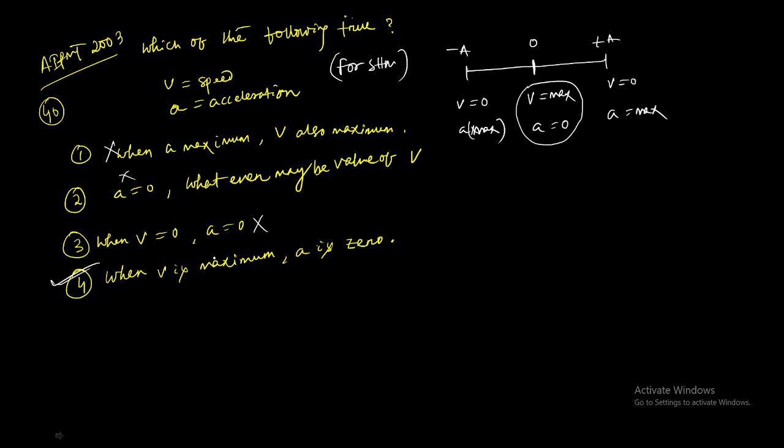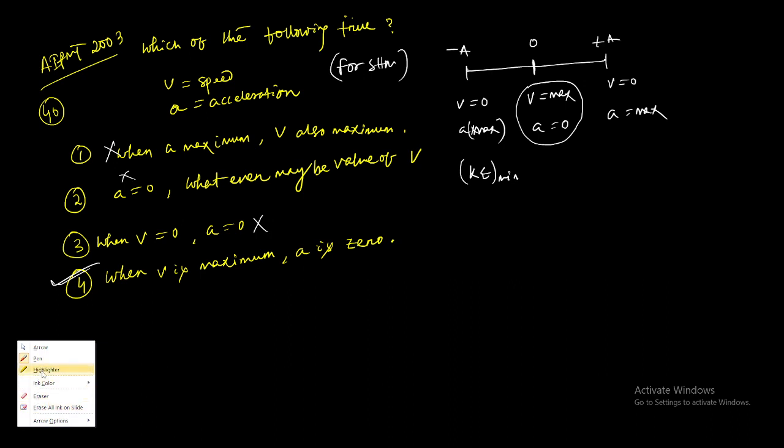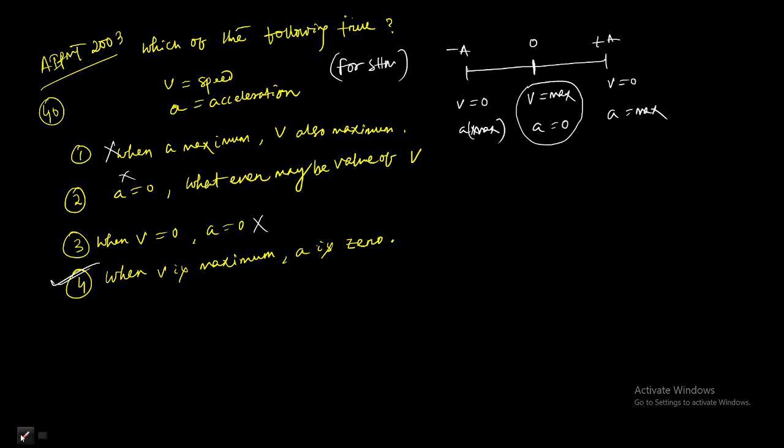This will be true. And I can tell you here that kinetic energy is minimum, sorry, kinetic energy is actually 0 here, because speed is 0, and potential energy here is maximum. Here potential energy is similarly maximum, kinetic energy equal to 0.